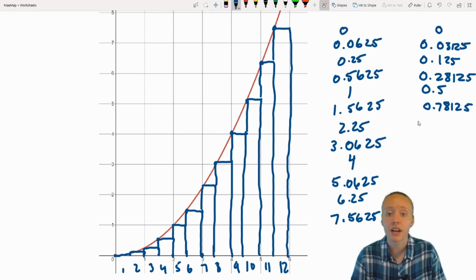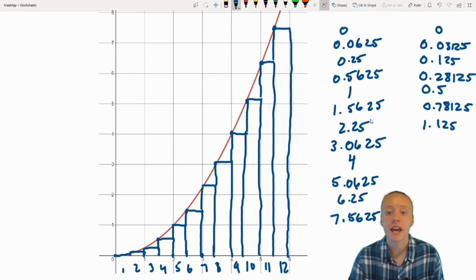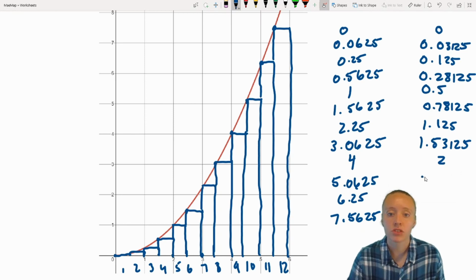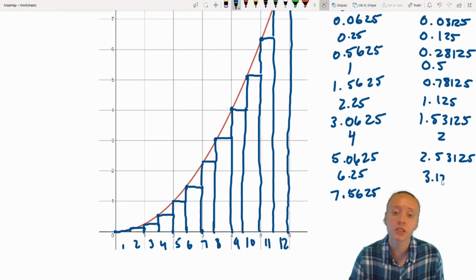Then 2.25 divided by 2, 2.25 times 1/2 is 1.125, and then 3.0625 times 1/2 is 1.53125. 4 times 1/2 is 2. 5.0625 times 1/2 is 2.53125. 6.25 times 1/2 is 3.125.